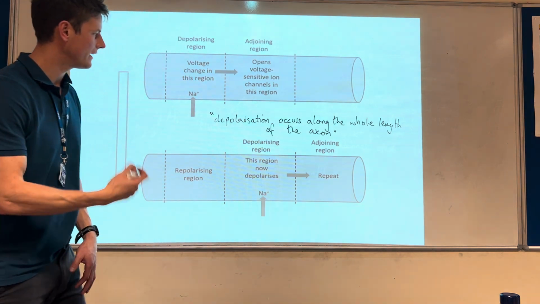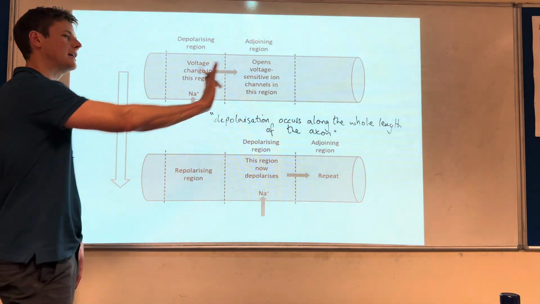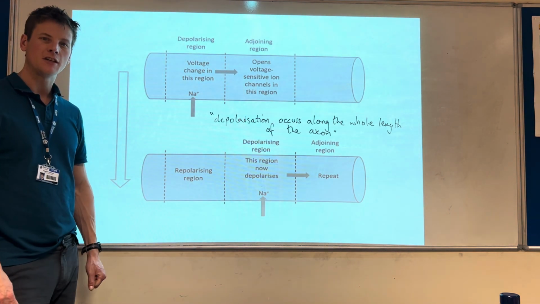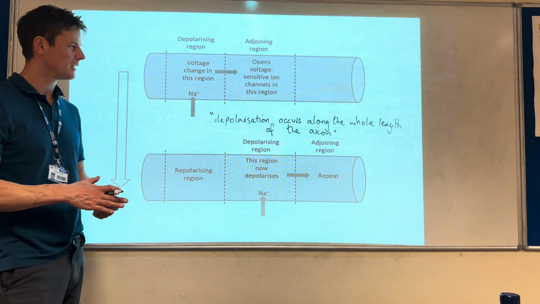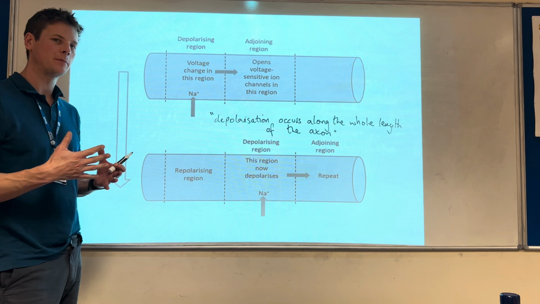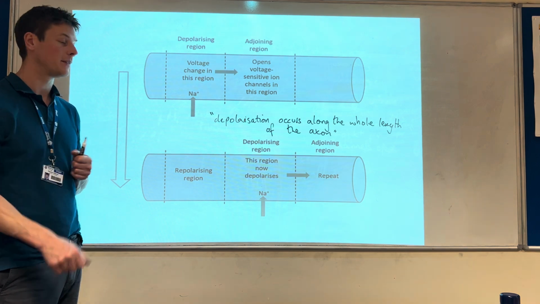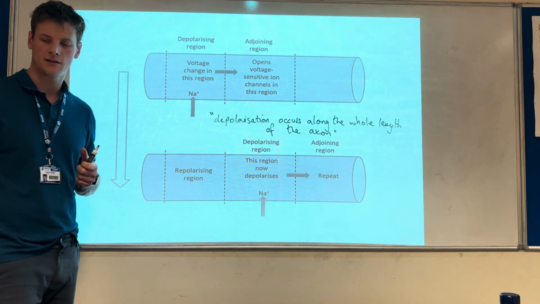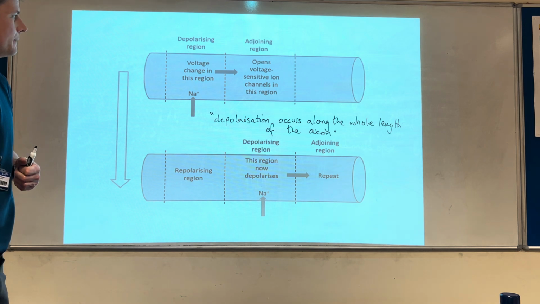Okay, this whole length of the axon is really important. It will continue until it reaches the end. Using that term along the whole length helps to explain some of the factors that affect the rate, the speed that it is transmitted.